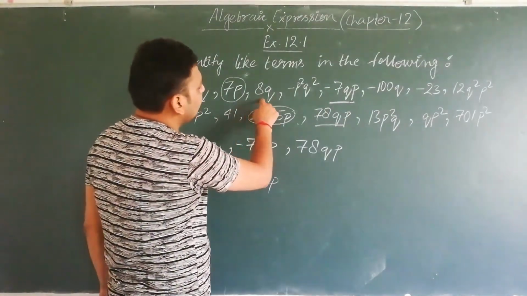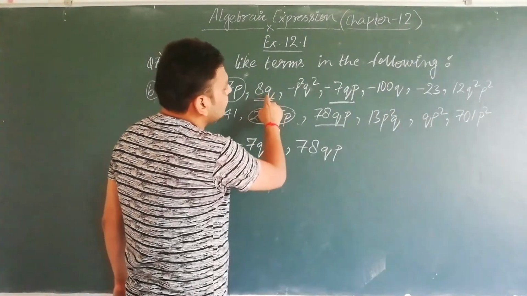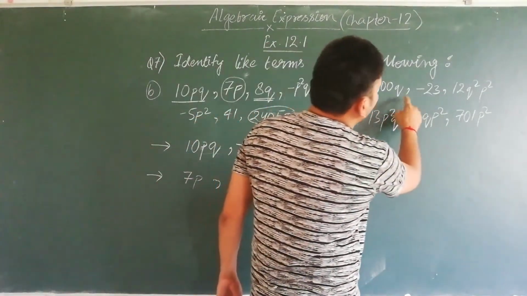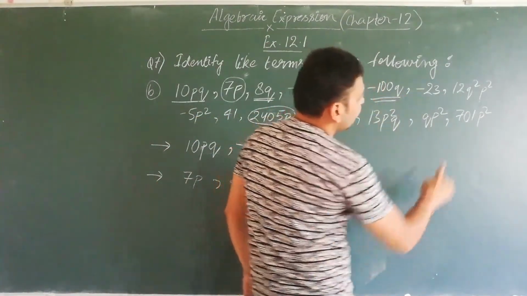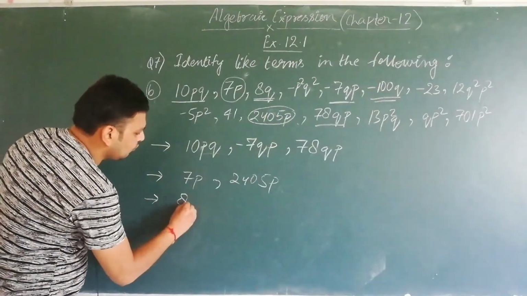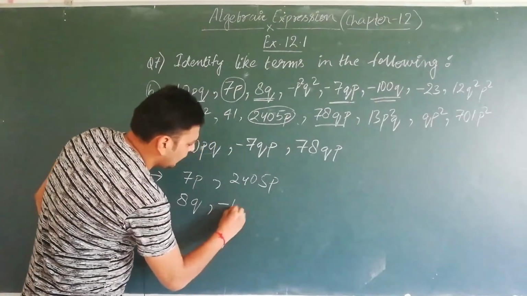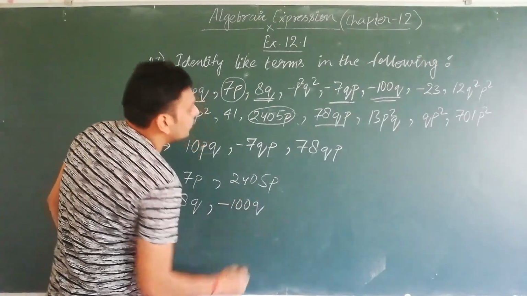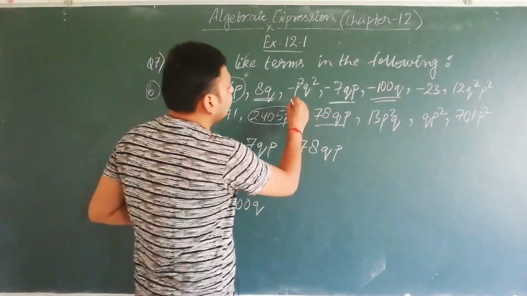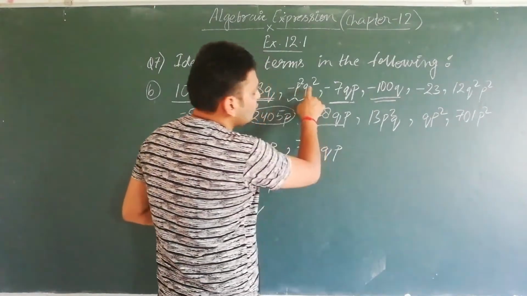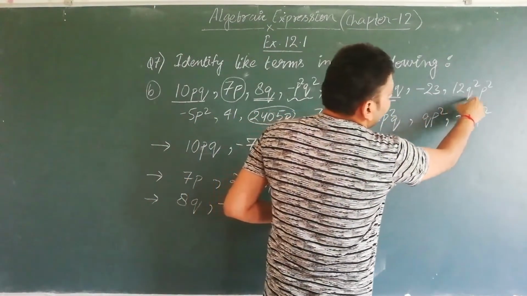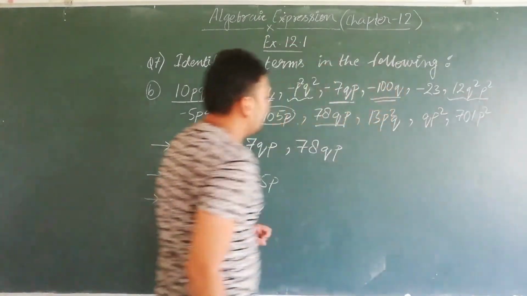Now 8q, find similar to 8q and minus 100q. So 8q and minus 100q are like terms. Then minus p square q square, and 12q square p square is like term.